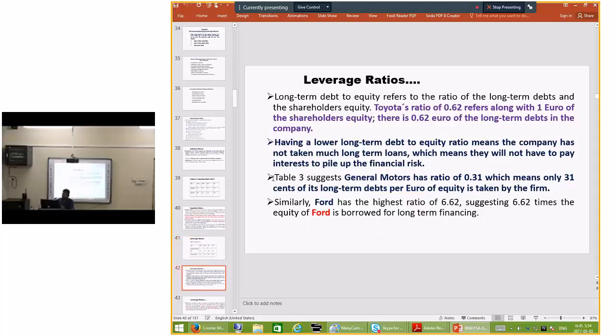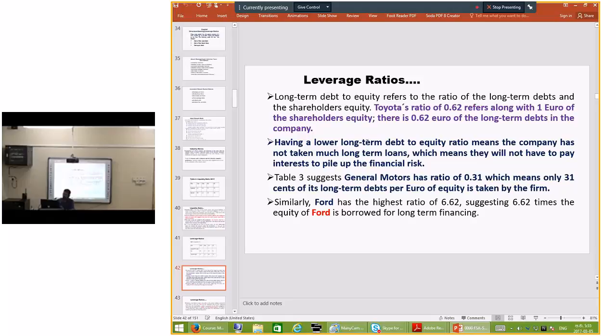Now again, you can see some details here. Long-term debt to equity refers to the ratio of long-term debt to shareholders' equity. Toyota's ratio of 0.62 means that along with 1 euro of shareholders' equity, there is 0.62 euro of long-term debt in the company.